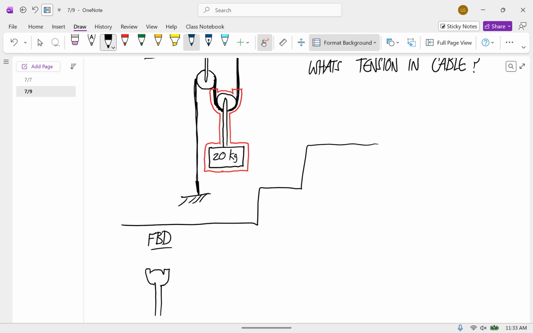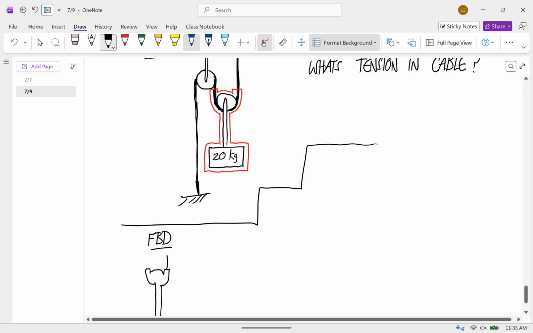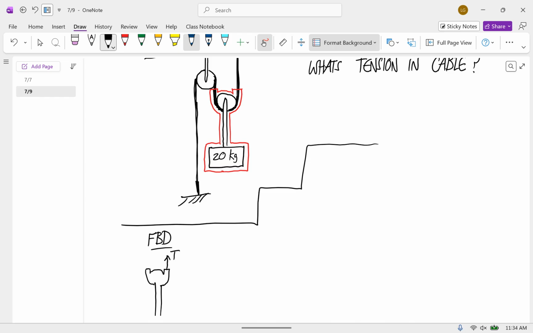So at the one on the right, the rule of cable forces says parallel to the cable away from the chosen body. And the magnitude is that cable tension T. And then at the one on the left, same exact thing, parallel to the cable, away from the chosen body. It's the same cable, so it has the same force T.